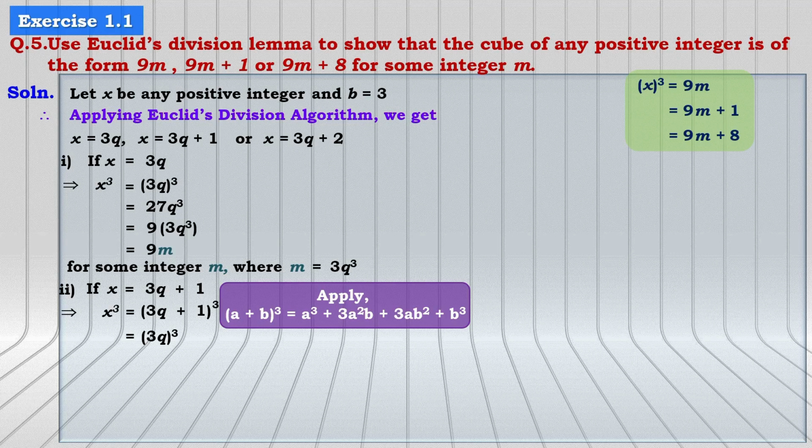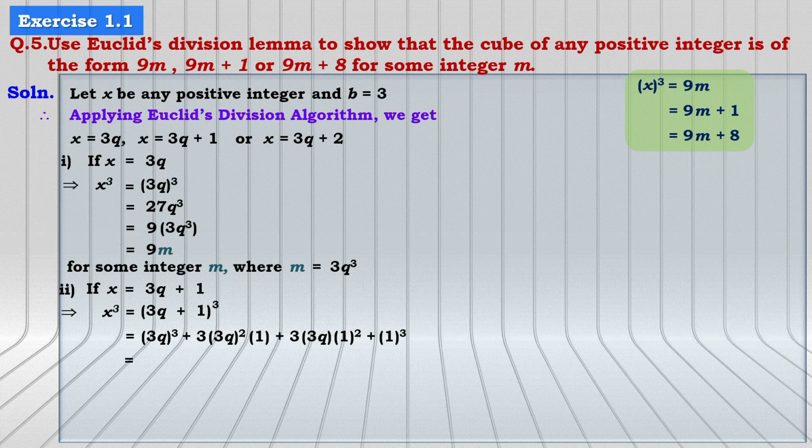So that is equal to 3q whole cube plus 3 into a square b, where a is 3q, so 3 into 3q whole square into 1, plus 3ab square, a is 3q, so 3 into 3q into 1 square, plus 1 cube. Now simplify it. So it is 27q cube plus 27q square plus 9q plus 1.